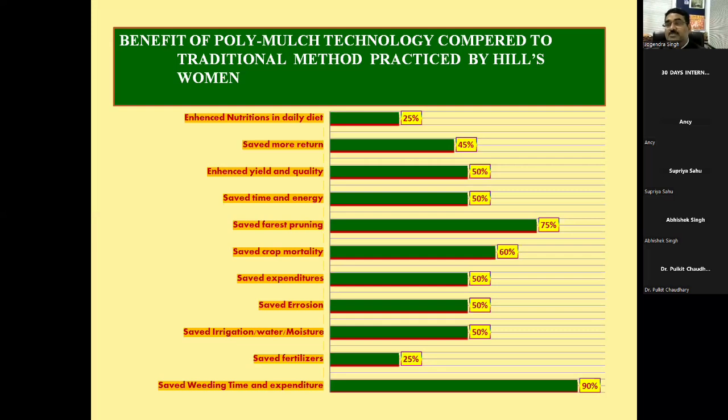These are the beauty of open field conditions along with mulching technology. Mulching technology is known as protected cultivation technology or horticulture technology along with irrigation technology.